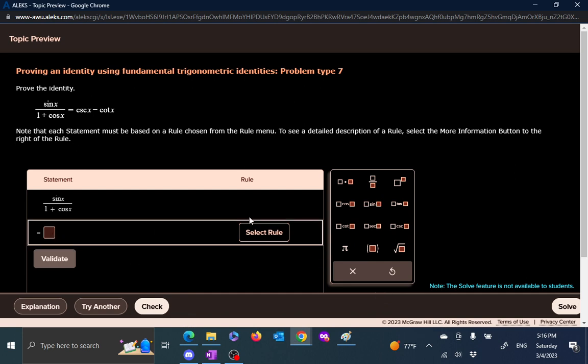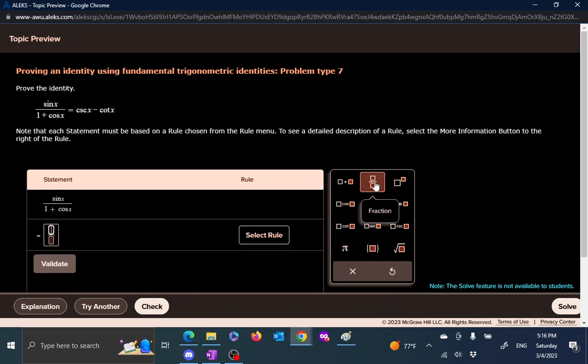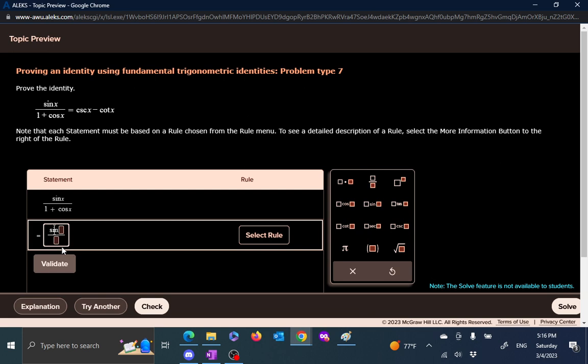So here I have a fraction, so let me make a fraction. The sine of x, I multiply it by 1 minus cosine of x. In the denominator, I had 1 plus cosine of x.